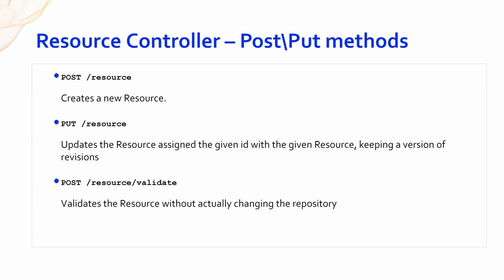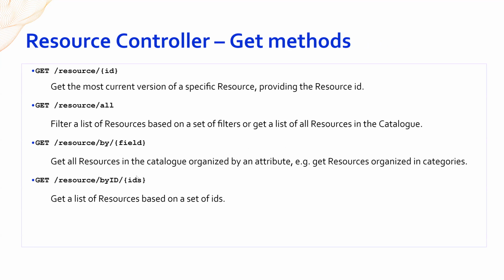For the resources, you can create a new resource, update a resource, validate a resource, and then we have the get methods. You can get one resource, get all of the resources, search for resources, or get resources by ID. Actually, more than one resource, you can supply a list of IDs.